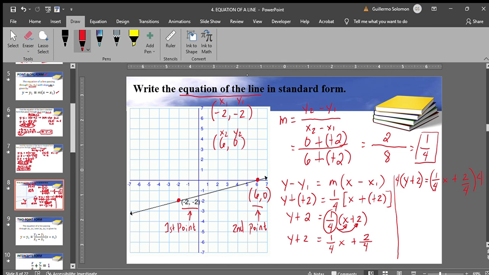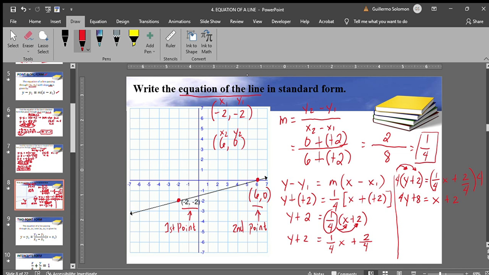So, 4y, distribute lang natin. 4 multiplied by y, that is 4y. And then 4 multiplied by positive 2, it will become 8 equals, since ito, makakancel na yan, 1/4 x multiplied by 4, it will become x. And then 2/4 multiplied by 4, it will become positive 2. Okay? Next. Okay naalis na yung denominator. So 4y plus 8 is equal to x plus 2 na lang.